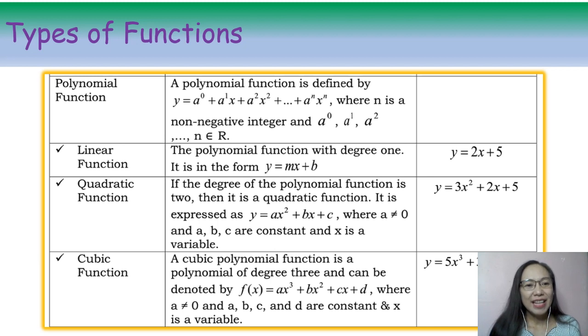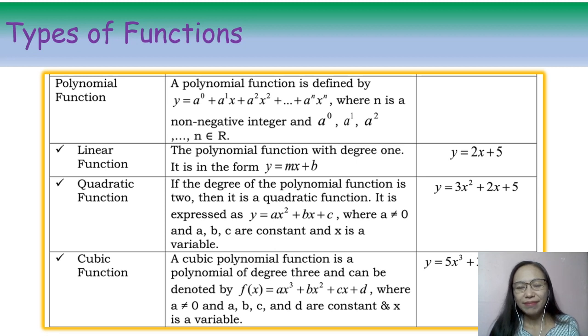Let's proceed to the third one. We call it the polynomial function. I guess this one is very familiar. Under polynomial function, we have three categories here. We have the linear function. The linear function is a polynomial function with degree 1. It is in the form y is equal to mx plus b.